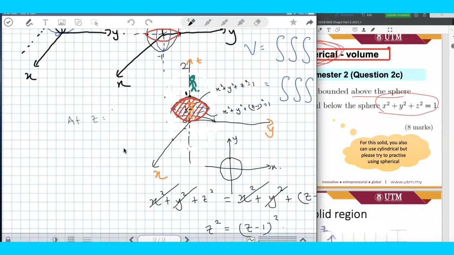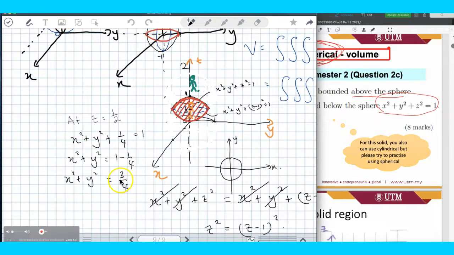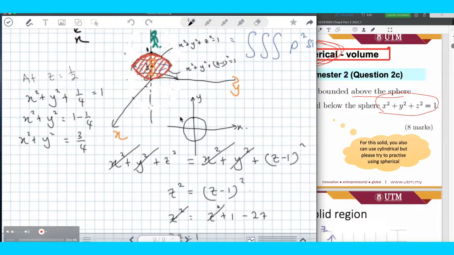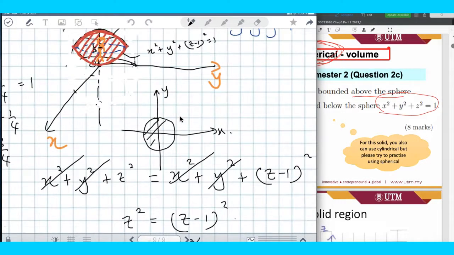At z equal to 1 over 2, you get x squared plus y squared plus 1 over 4 equal to 1, so x squared plus y squared equals 1 minus 1 over 4, which gives 3 over 4. So you get a circle with radius square root of 3 over 4, because this is the circle equation. So the region is a circle.